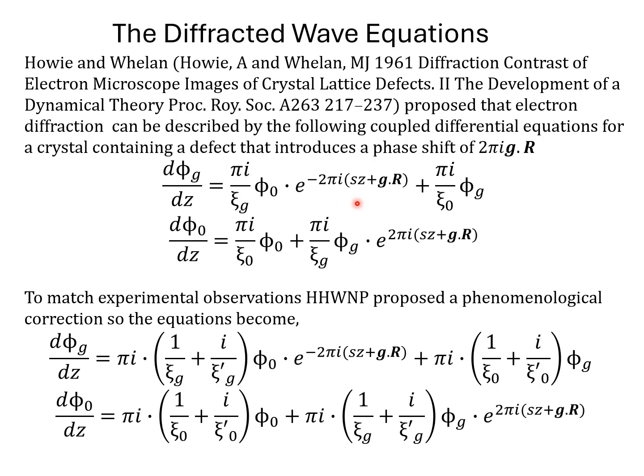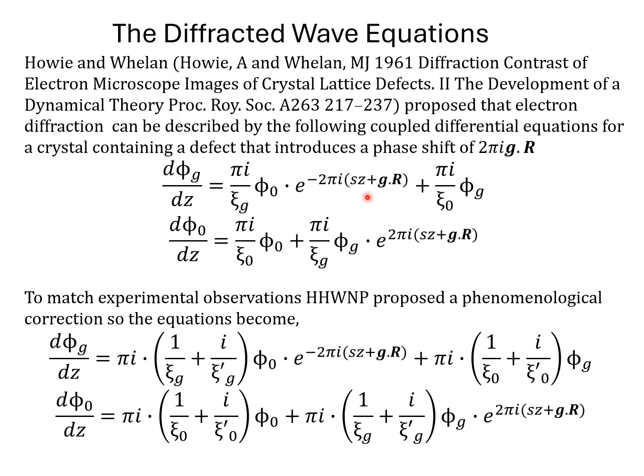Now it turns out that when Hirsch, Howie, Whelan, Nicholson, and Pashley wrote their book, in it they make the point that they can't get this equation to work. It doesn't give the variation in electron intensity as a function of either deviation parameter or distance in the crystal that one would observe.